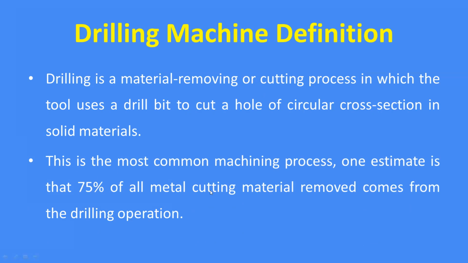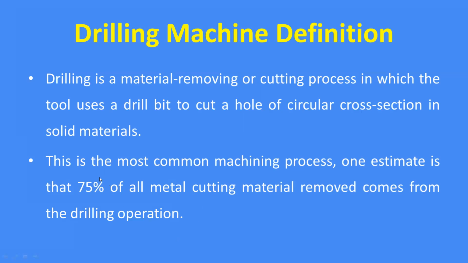So this is the most common machining process. One estimate is that 75% of all cutting material removed comes from the drilling operation. So as we all know from our general sense, drilling is one of the most common machining operations. Don't get confused about what is meant by machining operation: all the processes we do in order to get the required shape and size come under the machining process only.